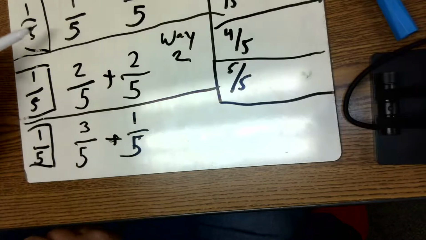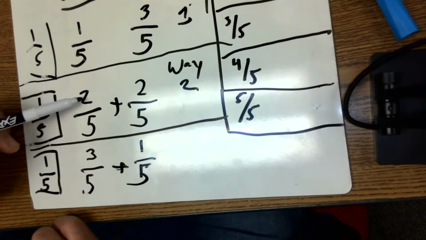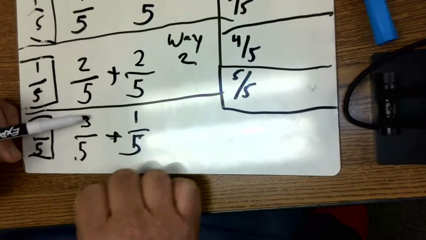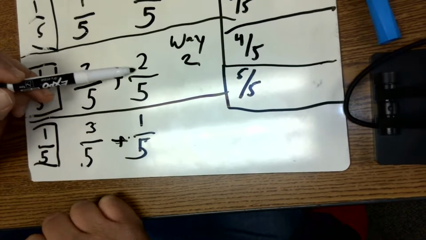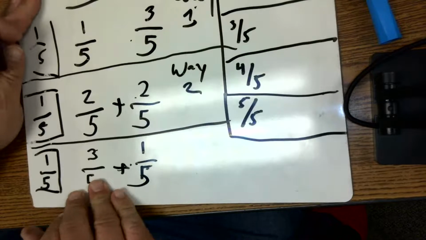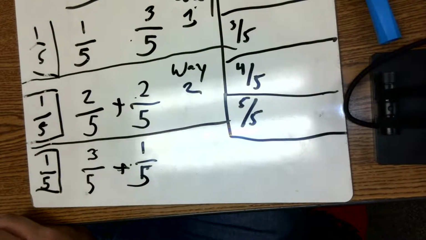Do you see what I did? Jackie got 1/5 of the popcorn, 2/5 of the popcorn, 3/5 of the popcorn. 1/5, 2/5, 3/5. All I did is change the amount that she was getting. That makes more sense.